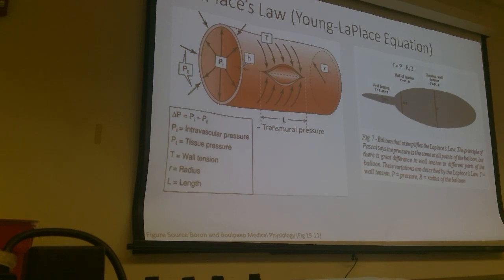Did I have that wrong? Yes, sorry. That's the one for a sphere. For a cylinder, it's just P times R. So ignore that, that's for a sphere, not a cylinder. For a cylinder, T equals P times R. So as radius gets smaller, tension gets smaller. Yes.